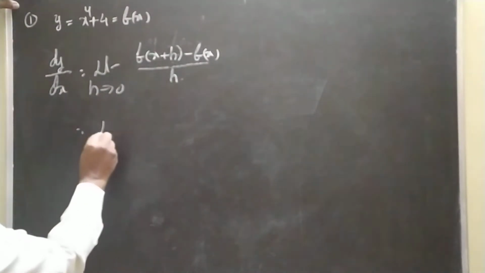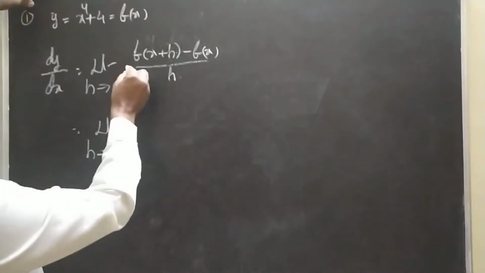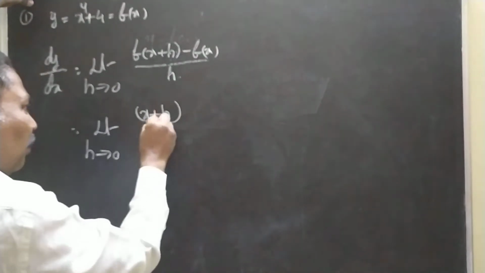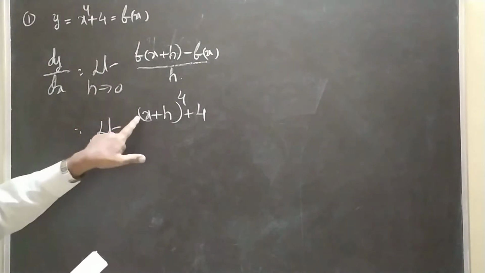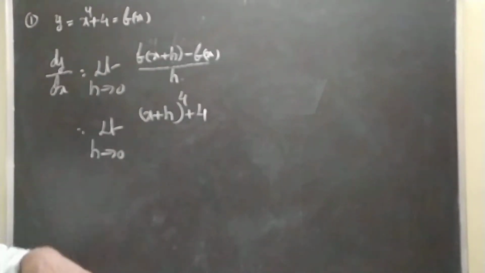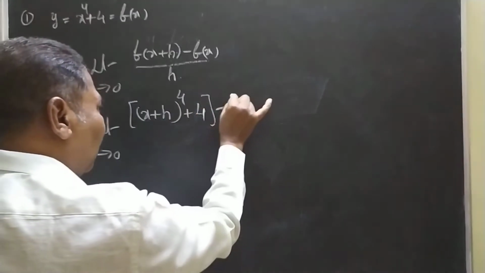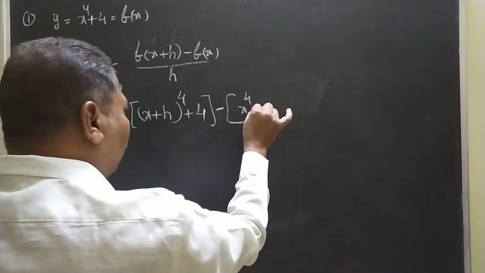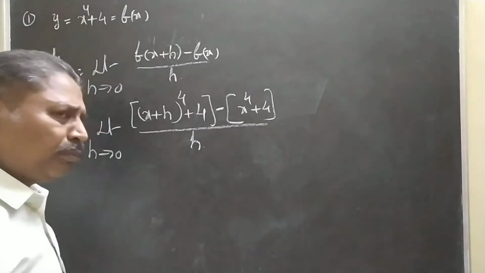So limit h tends to 0, f of x plus h is (x plus h) power 4 plus 4. This is f of x, minus f of x, which is x power 4 plus 4, by h.